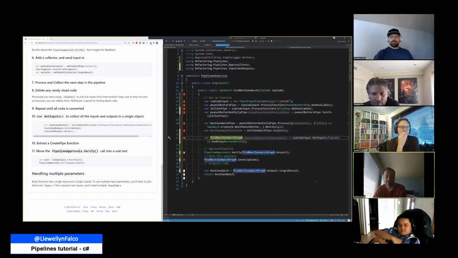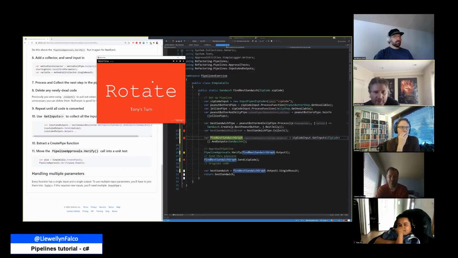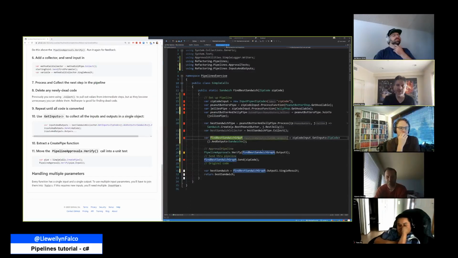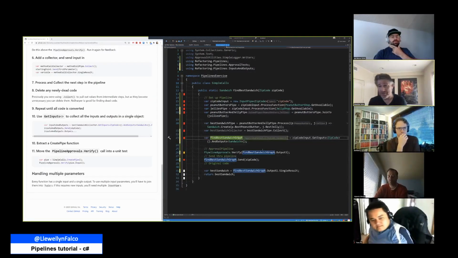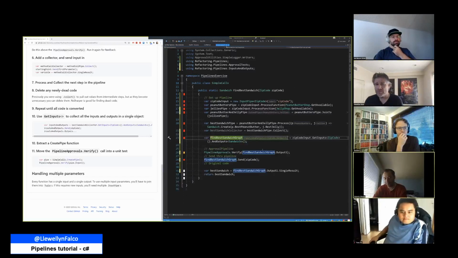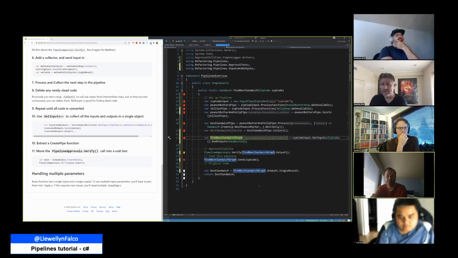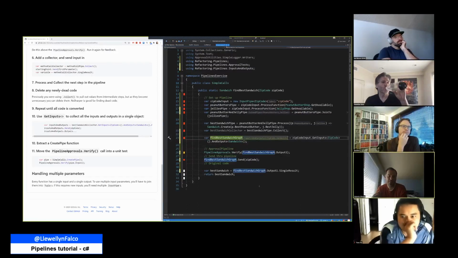It's okay. Let's continue. So we do need the concept of being able to get a single thing that contains the inputs and outputs, right? Because we want to extract it. The only thing I don't like that much is the fact that they have like input 1, output 1. So it'd be nice if it had more descriptive names.